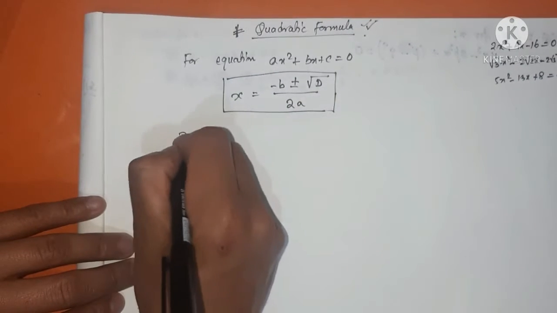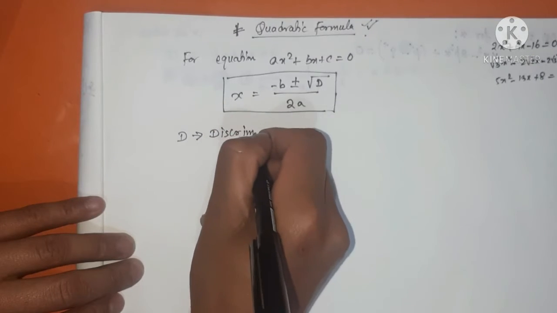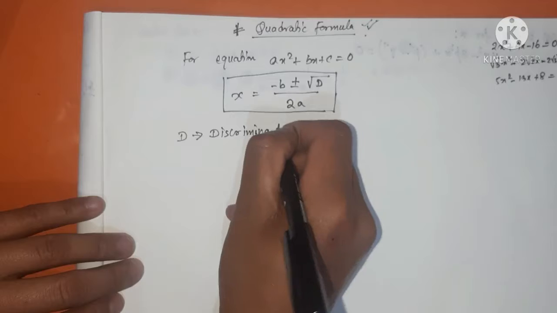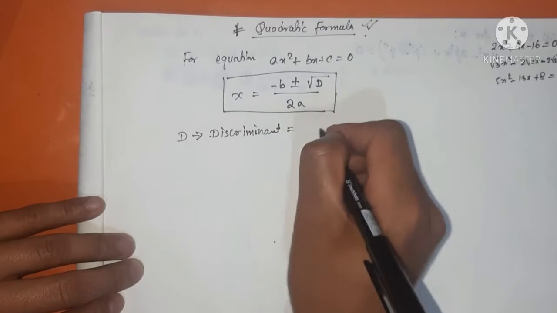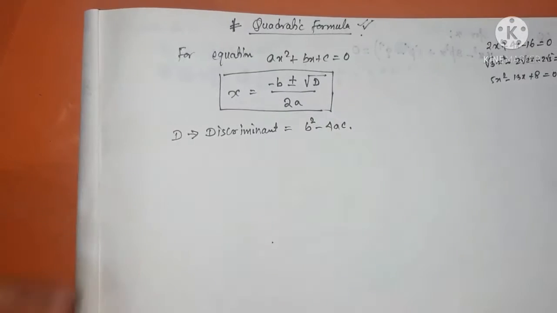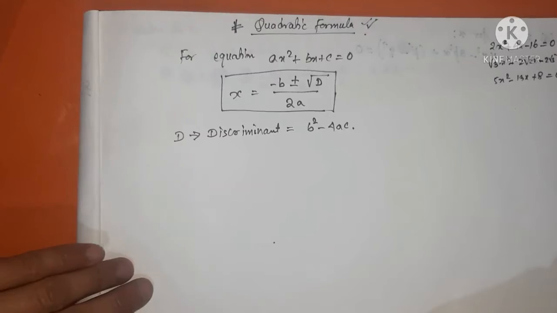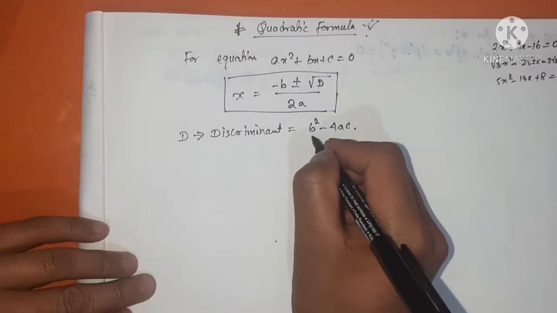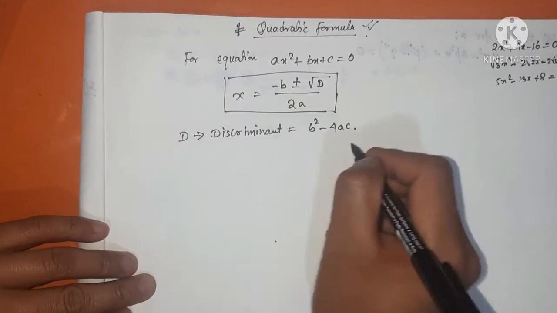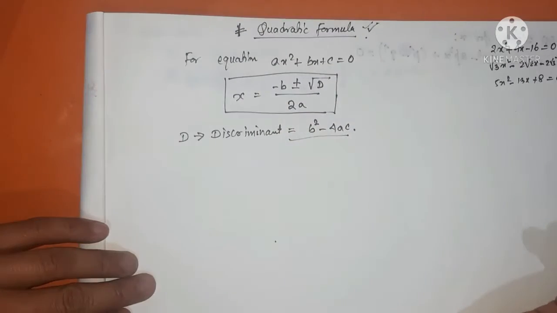This d is called the discriminant, and this discriminant is given by b square minus 4ac. So if you calculate the value of d, and a and b you already know, you put them here and you'll get the answer directly.